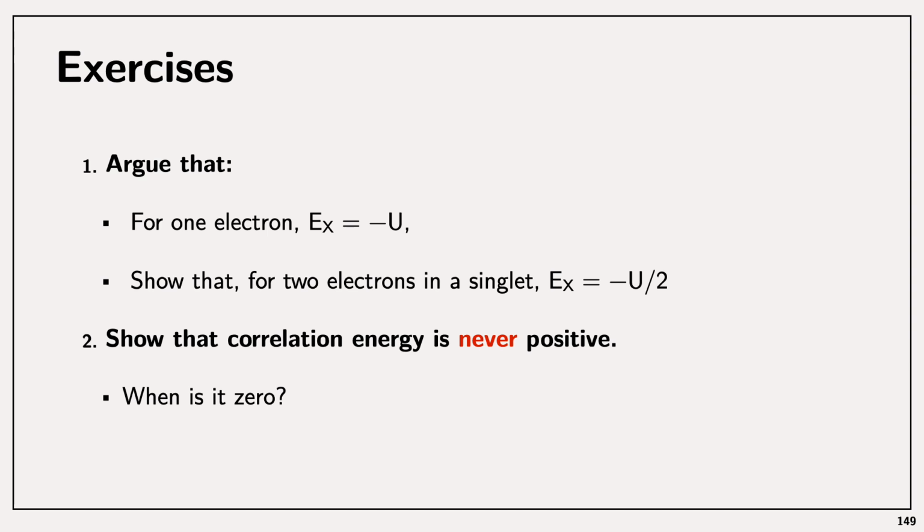Now, the more interesting point is number 2. The correlation energy is never positive. Okay? Why is it never positive? Well, if you look back in the table a couple of slides ago, this was all negative.